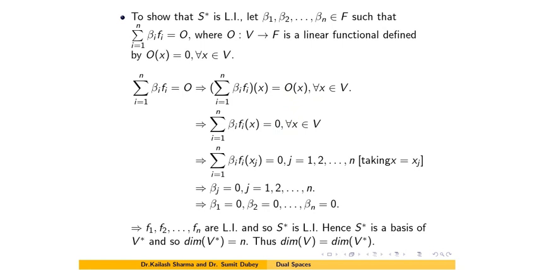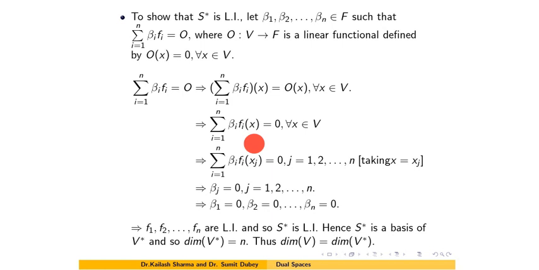And this implies that the sum over i from 1 to n of beta i fi xj equals 0 for j from 1 up to n. Here in particular we are taking x equal to xj. Since this happens for every x in V and xj is an element of V, in particular this happens for x equal to xj also.